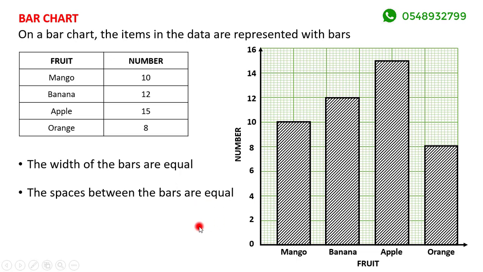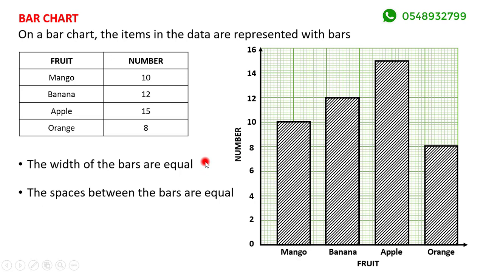Let's quickly go over what we have learned in this video. We have learned that on a bar chart, the items are represented using bars. So as you can see here, when you are drawing a bar chart, the items in the data are represented using bars. The height of the bar will be determined by the frequency of that particular item.